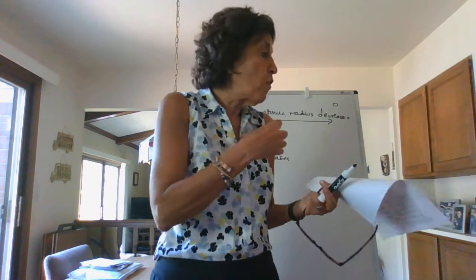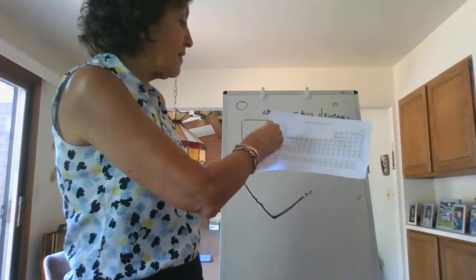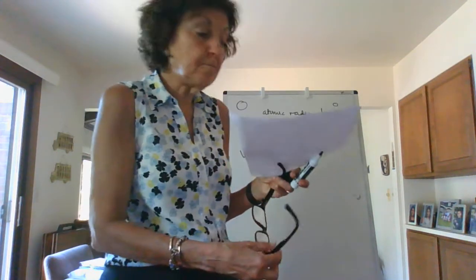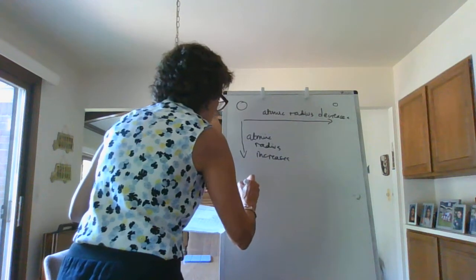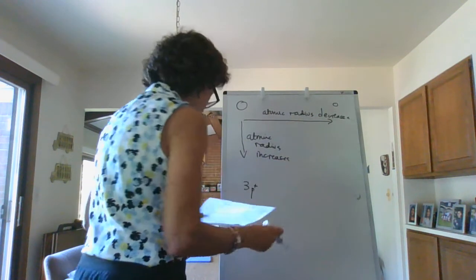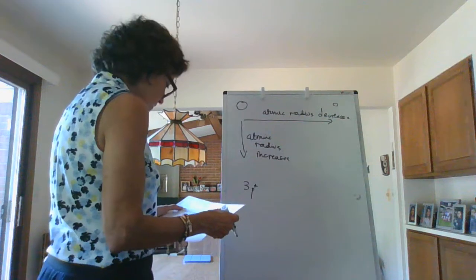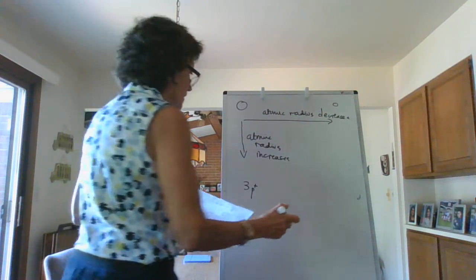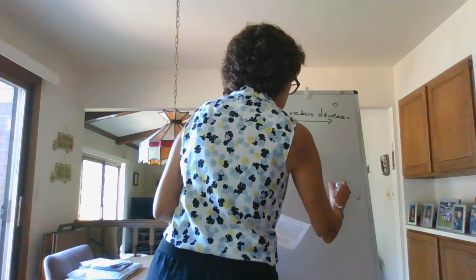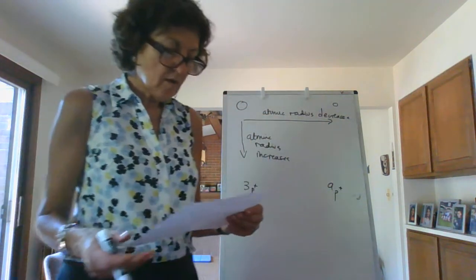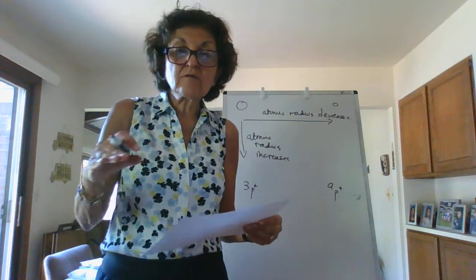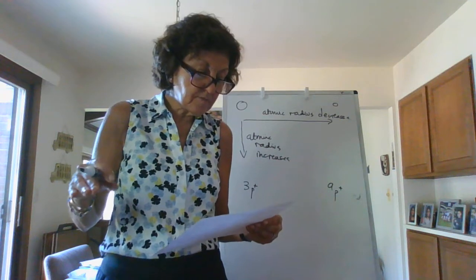Okay? While over here on this side of the periodic table, lithium, let's take a look, for example. Lithium's only got 3 protons. And fluorine's got 9 protons. They're in the same shell. They're both in the second shell.